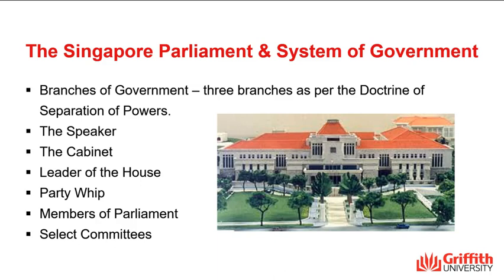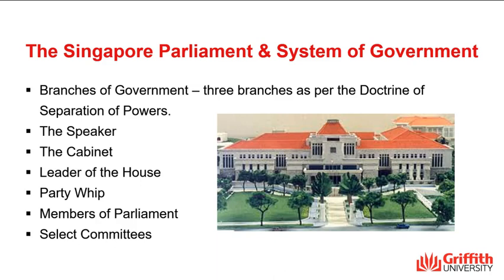We've spoken about the role of the Speaker. The Speaker acts as a representative of the House in relation to other parliaments and also official visitors to the country. But also, the Speaker is basically the chairperson of the Parliament that makes sure that all sides are heard.